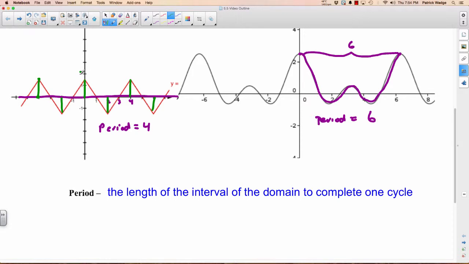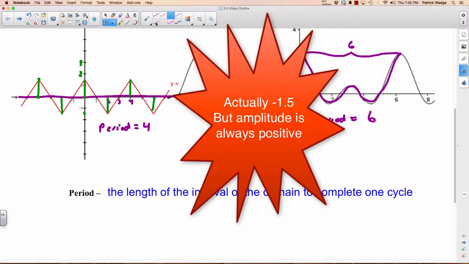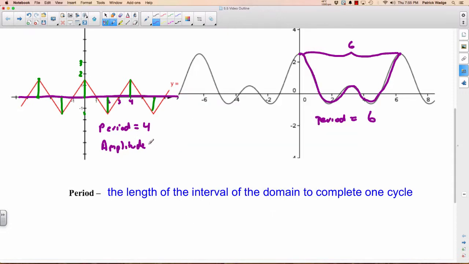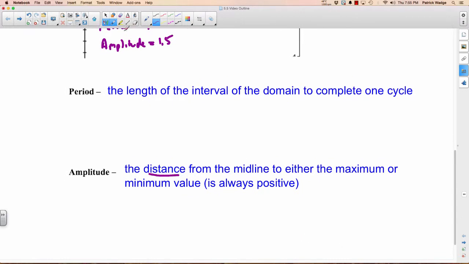I guess if this is 1 and this is 2 and this is 3, I guess this is at about 1.5. And same if you look here, it goes down to this point, and this point here is at right around 1.5. So our amplitude is 1.5.